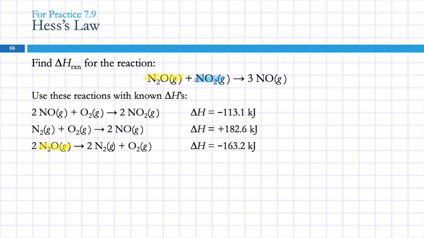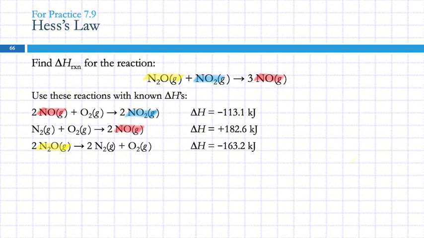I look through my other reactions, and where do I see NO2? It's right here. Is it anywhere else? No. And then this is one of my favorite molecules, NO. It's all caps. It's yelling. So I think red would be a good color for that one. Where is NO? NO is here and here.